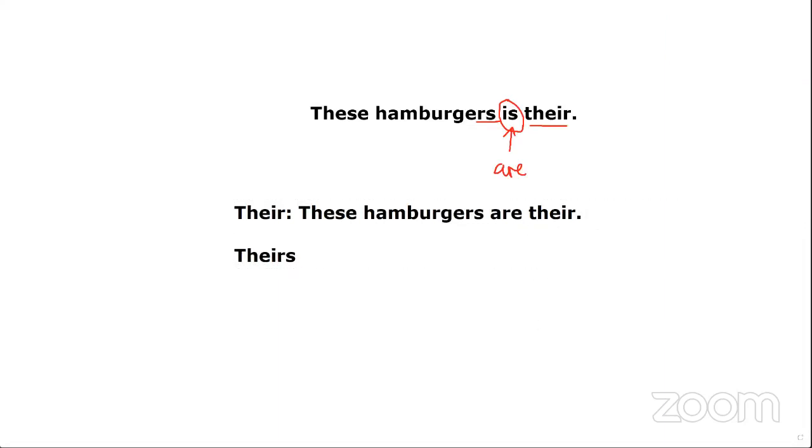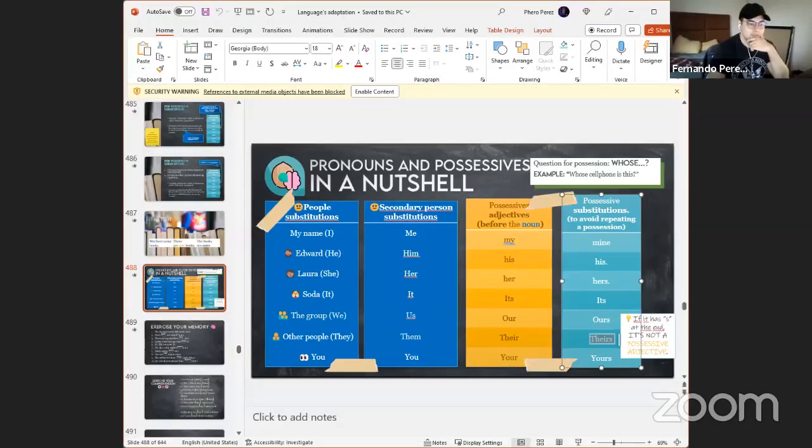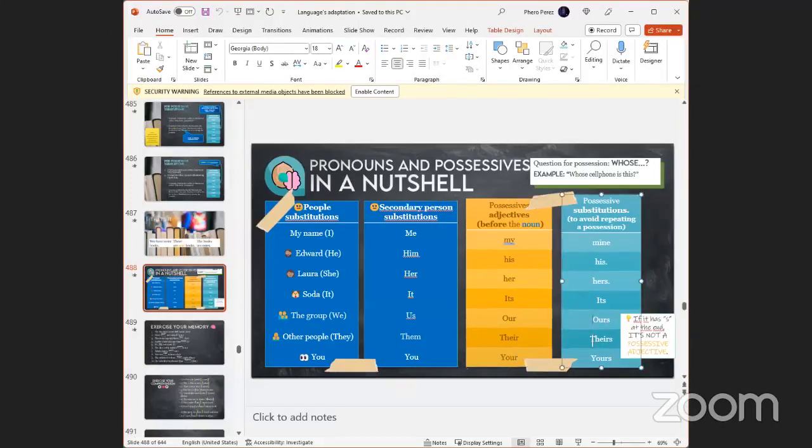One more time. This is a description. This is a substitution. Description and substitution. So, okay. There before the noun.